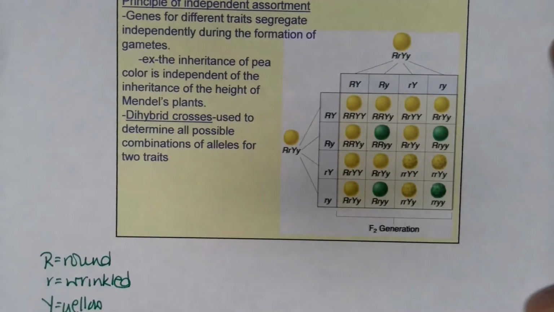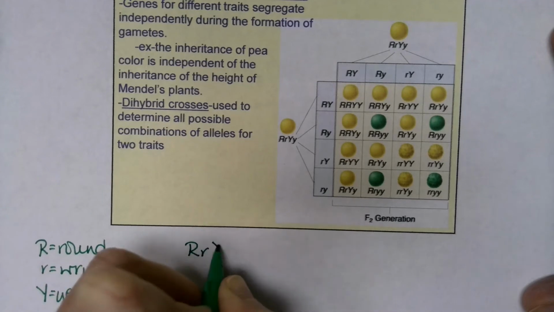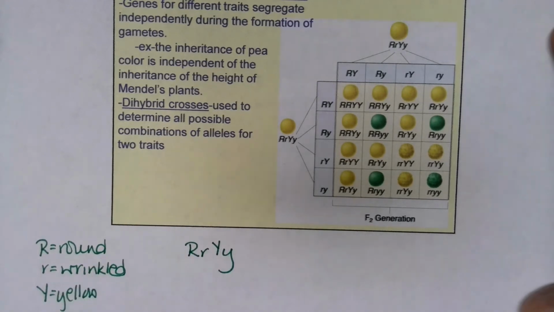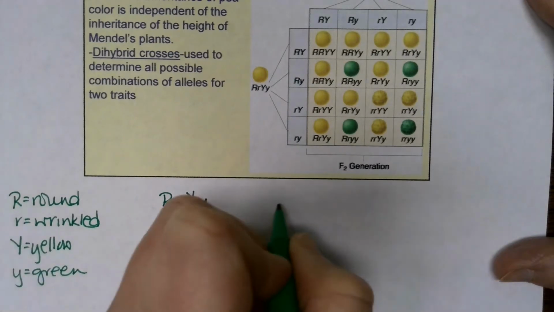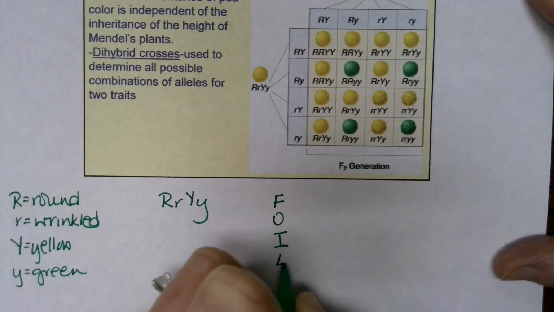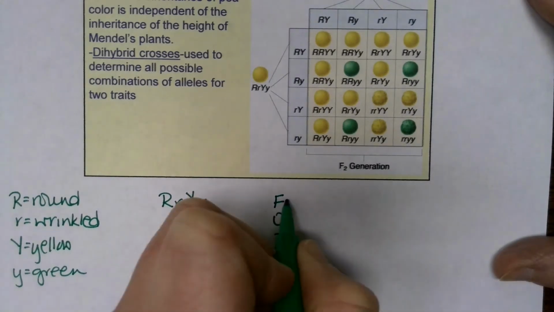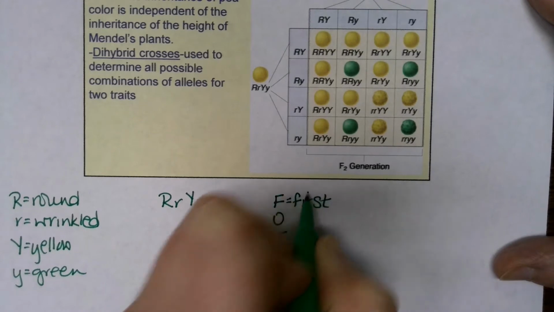It's not going to matter which one I use here, but we are going to equate this to the FOIL concept in math. FOIL stands for, if you have not covered this yet, first, outer, inner, last.